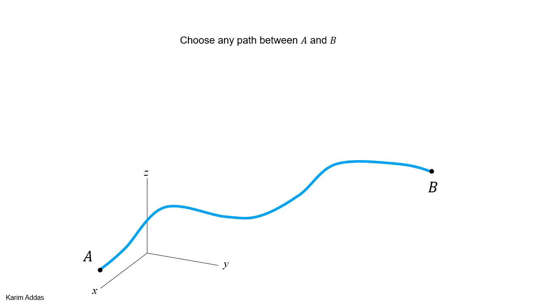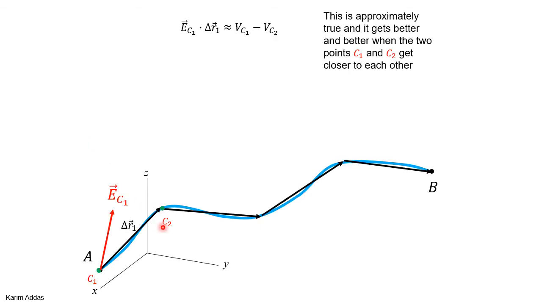Any path. And let's cut up the path into, in this case, 1, 2, 3, 4 parts. Of course, remember, you have to do it with an infinite number of parts. I'm just doing it here with 4 parts to illustrate the idea. So we know how to get the potential difference between point C1 and point C2.